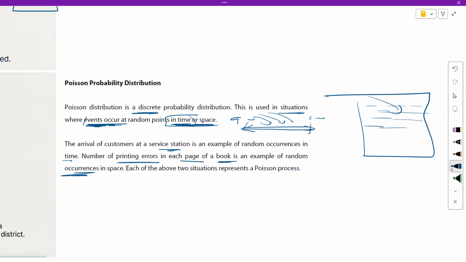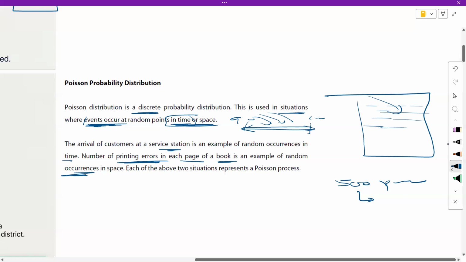In the second example, the number of printing errors is not a time, it's a book. Say the book has 500 pages. Out of these 500 pages, how many printing errors or typing mistakes may occur?